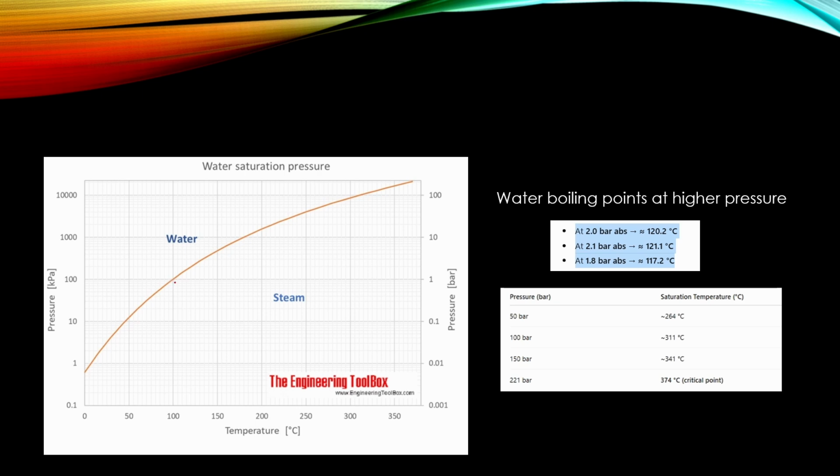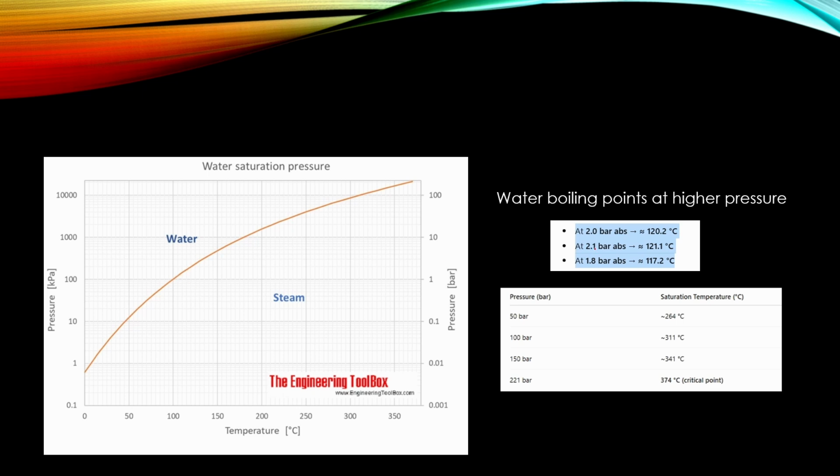So we are here on this boiling curve. If the temperature is lower, our water is liquid, but if the temperature is higher, then we have steam. If we are operating at higher pressure, then the boiling point is increasing.